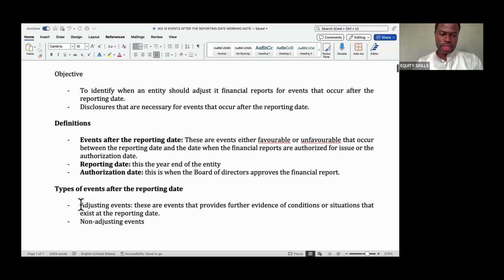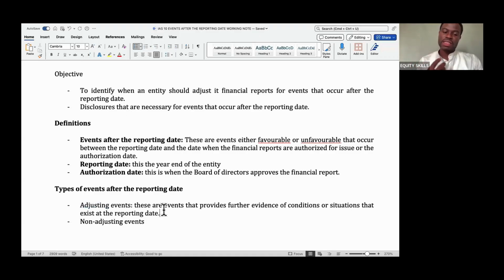So the adjusting events, I said these are events that provide further evidence of conditions or situations that exist at the reporting date. We'll look at a series of examples of adjusting events very soon.